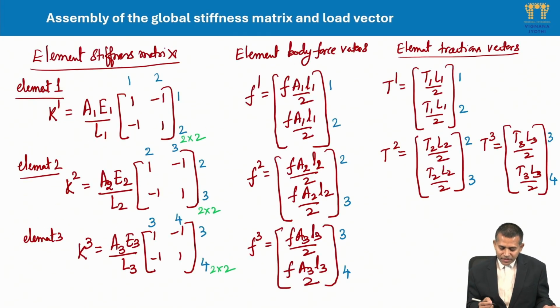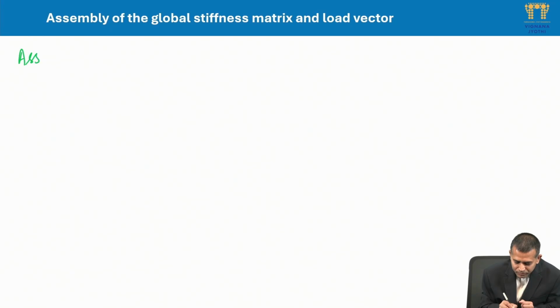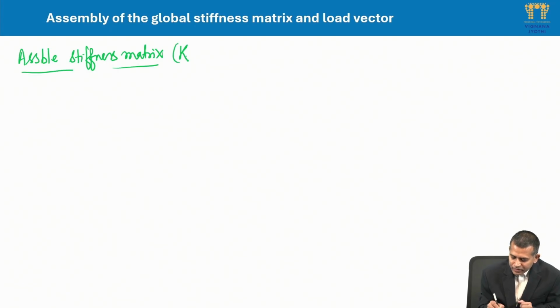So when you assemble it, you have to take care when making the assembled matrix, that is K. You have to understand that the size of this final assembled stiffness matrix, which we call the global stiffness matrix, should be 4 by 4.